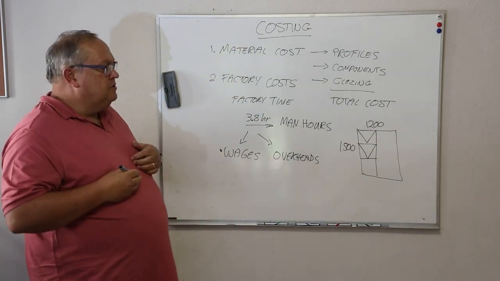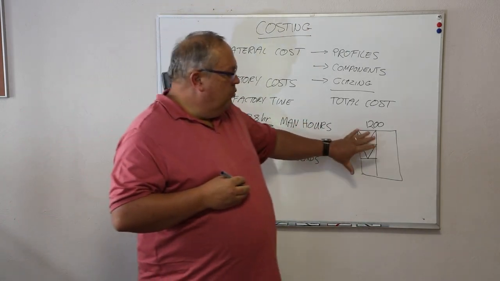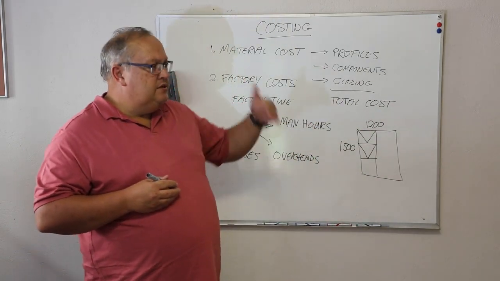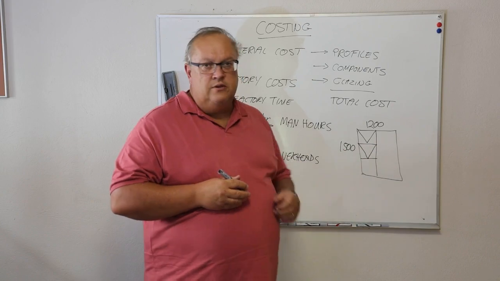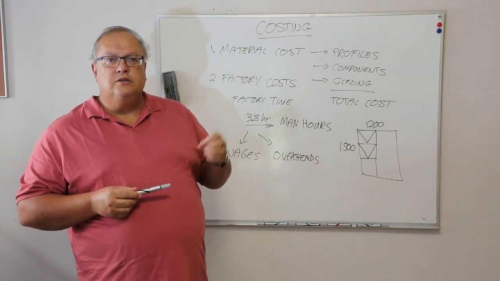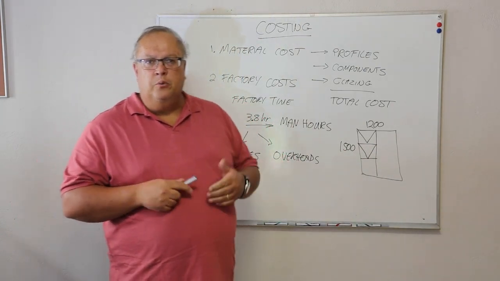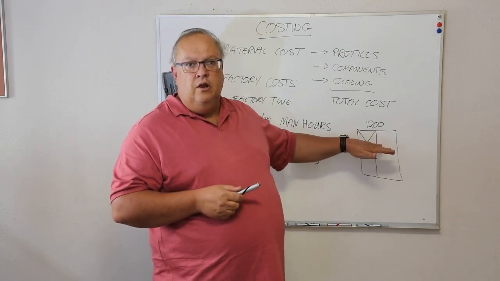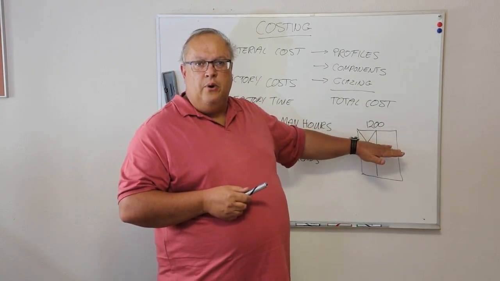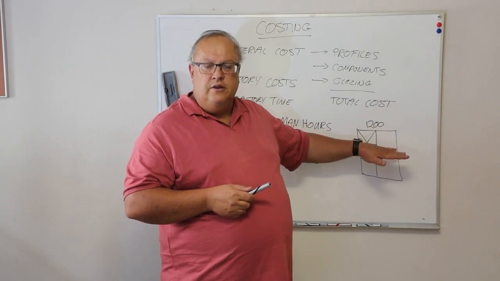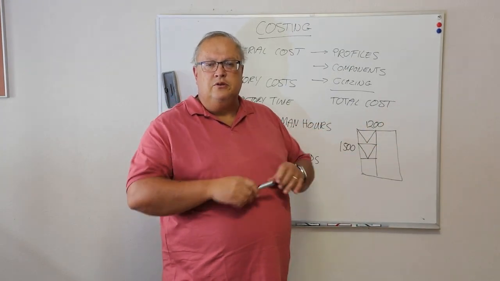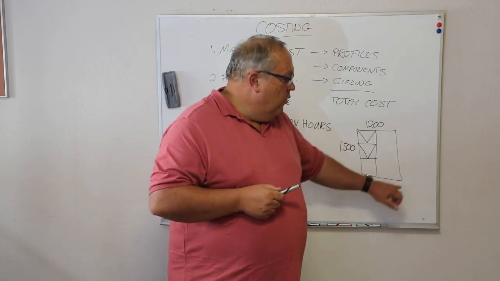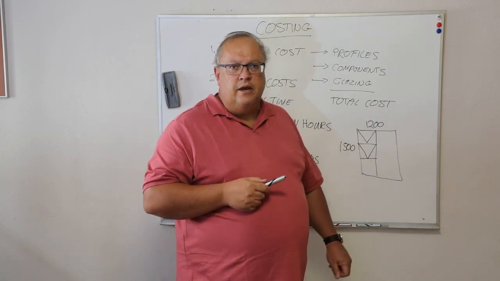First of all, say to yourself, how long would it take if I gave my factory an order, I said, guys, please go and make me a window that looks like this. Let's assume I've got 3 people who are going to work on that. And right from the cutting of the material, to the getting the components together, to cutting the glass, to assembling that window, to cleaning that window, you need to work out or estimate how long would that window take.